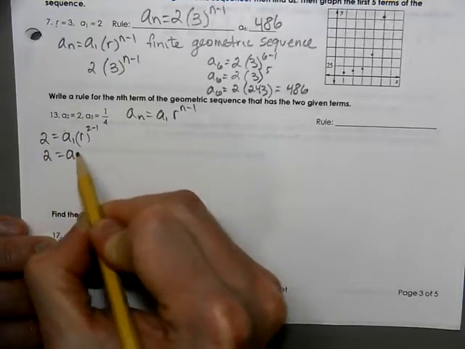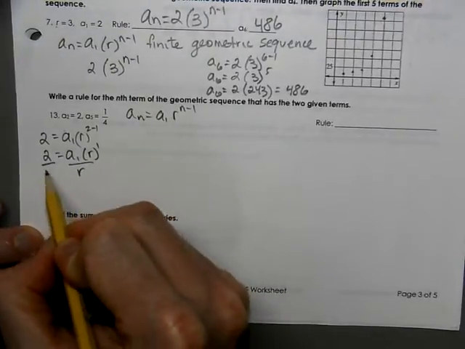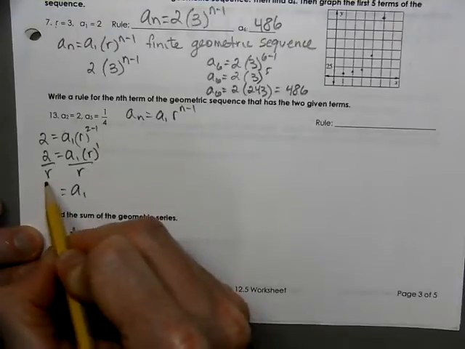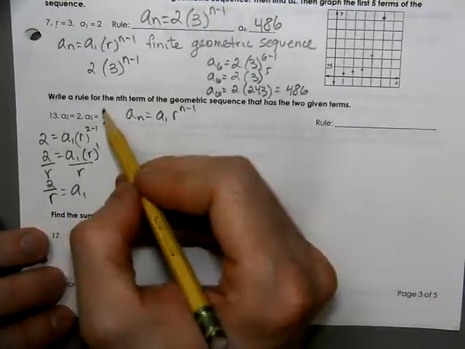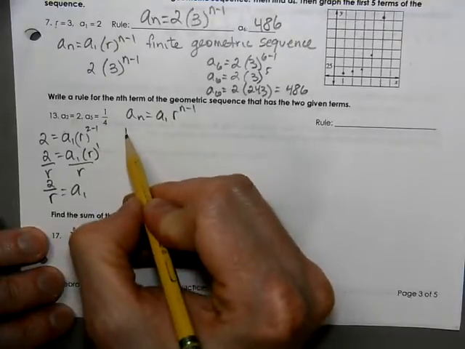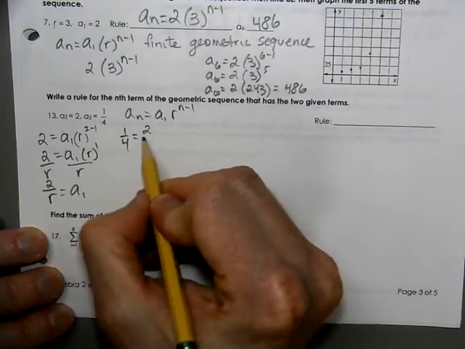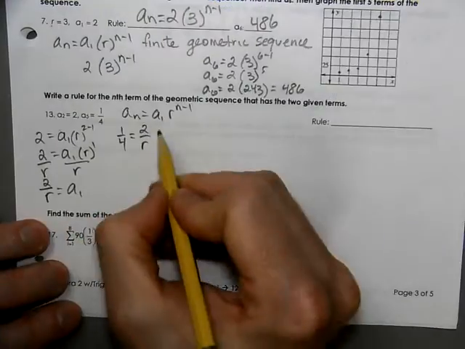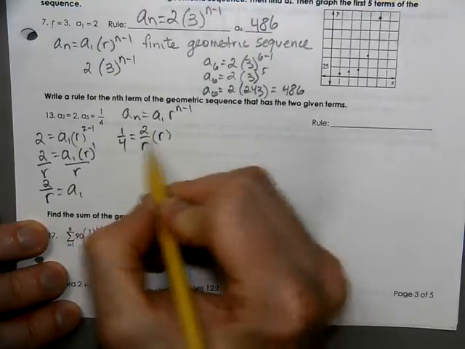So we can solve for a. So a of 1 has to be 2 divided by this ratio. Now we're going to take the other point, which is 1/4. Our first term is 2 divided by r times the ratio, which we don't know what it is for this.